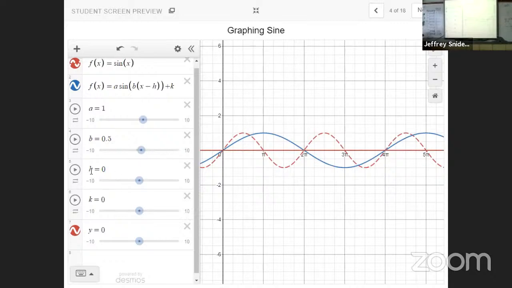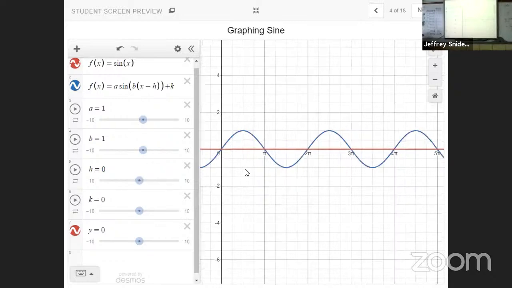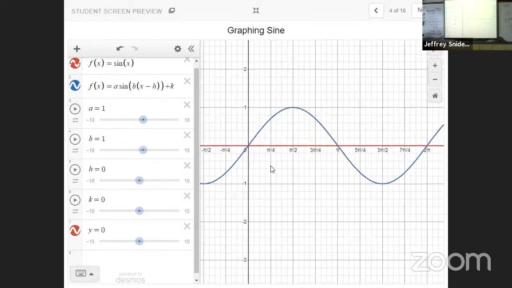What does H do? It's the phase shift, also known as a horizontal shift. So here we'll put B back to 1. Let's zoom in here. Where does my cycle start right now in the sine function? At 0, it starts right here.